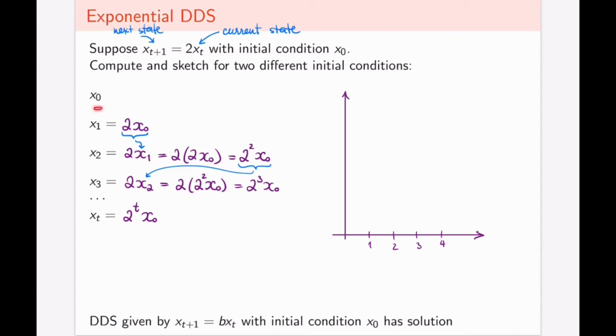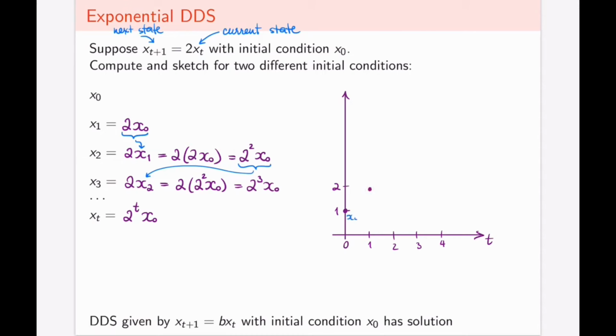So if I start off with an initial condition, let's say of 1, then I will have a point here that corresponds to x naught being 1 at timestamp 0. Every step, things are going to get doubled. So at step 1, I am going to double the previous state to 2, and therefore this is going to correspond to my x1.